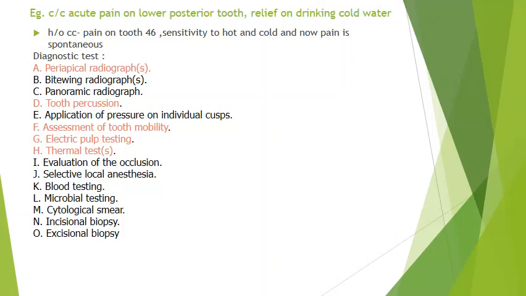We will not choose application of pressure on individual cusps for evaluation of occlusion because nothing about occlusion is given here. So our responses will be periapical radiograph, tooth percussion, assessment of tooth mobility, EPT, and thermal test.